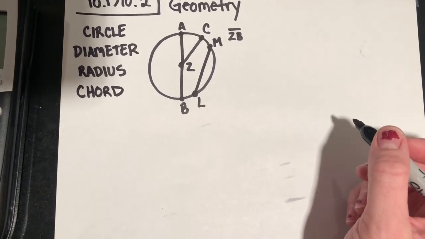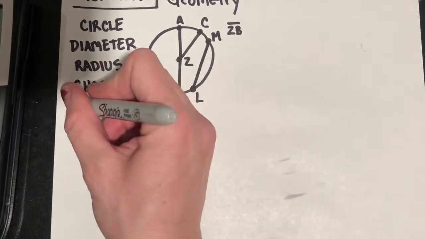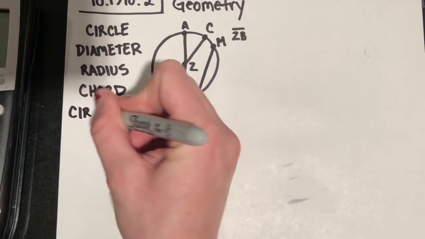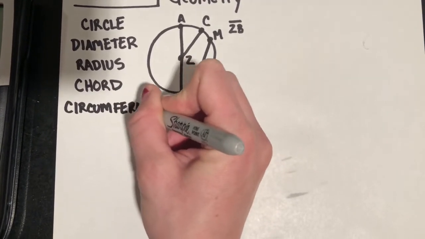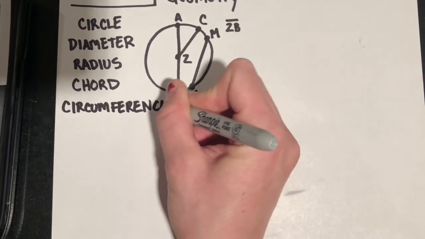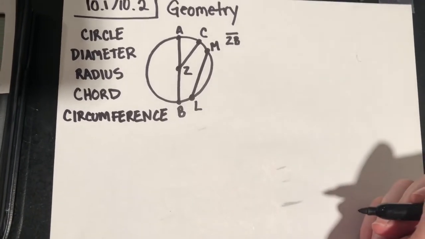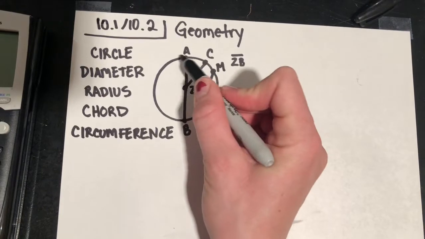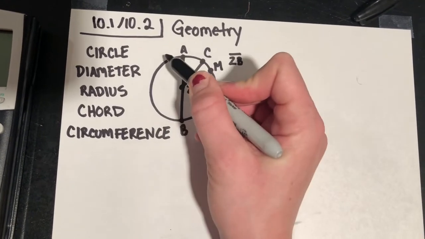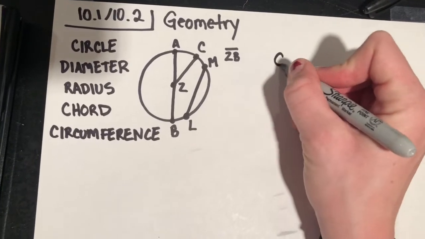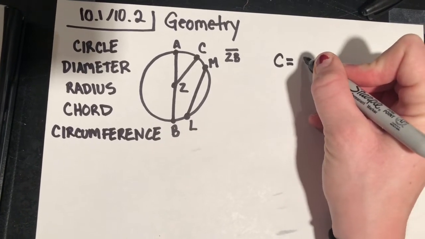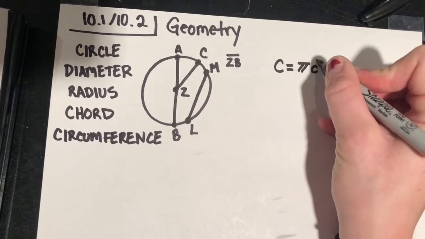Now, our last part of this would be circumference. This is a word you should have heard before, and it is the distance around a circle. So that's that whole distance right here around a circle. If we're talking about some formulas, circumference is equal to pi times diameter.